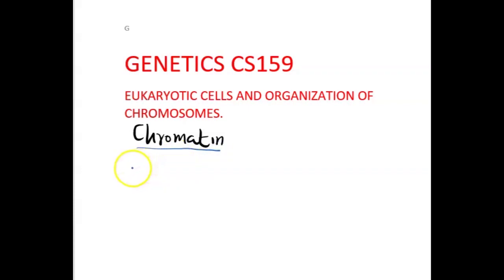When the chromatin is condensed, it becomes chromosomes. So condensed chromatin is called chromosome.